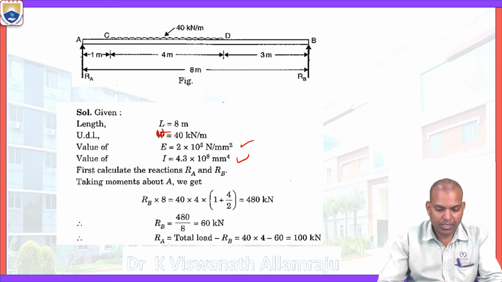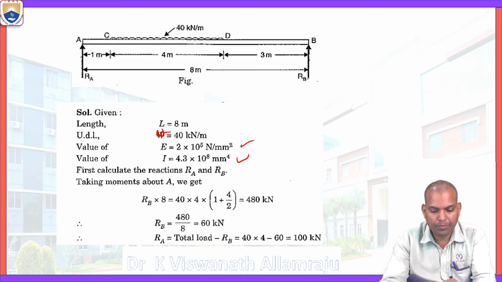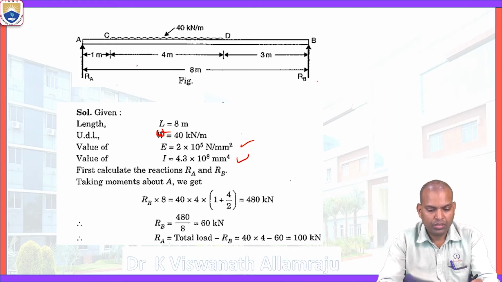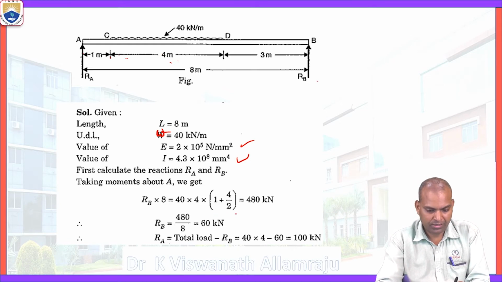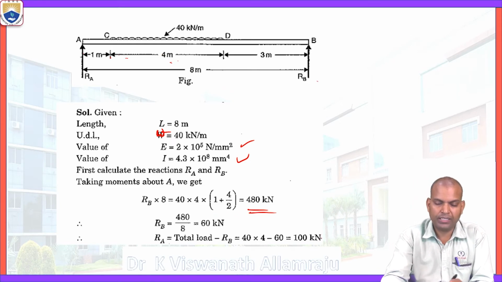Now take moments about A, that is RB into 8 equal to 40 into 4, that is 160, into the distance 1 plus half of 4, 1 plus 2, 3 meters, that is 480.